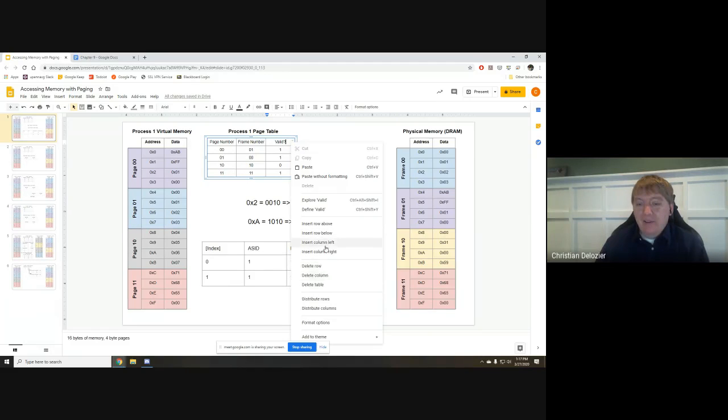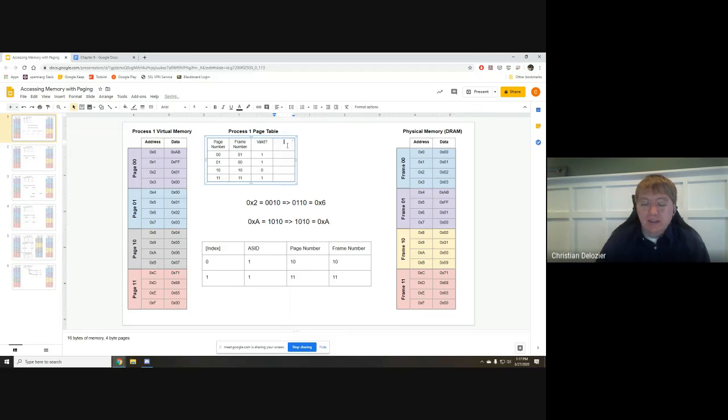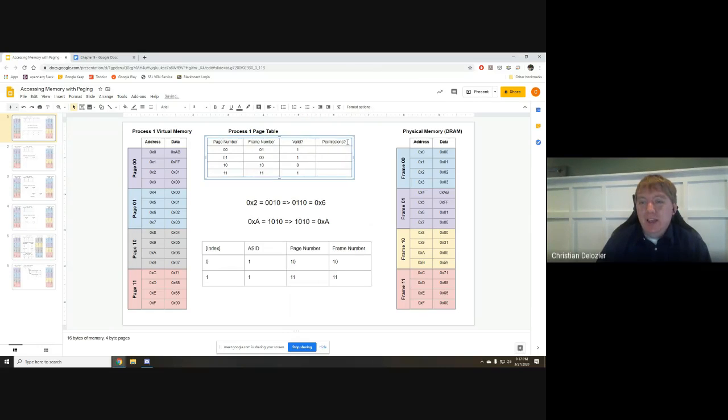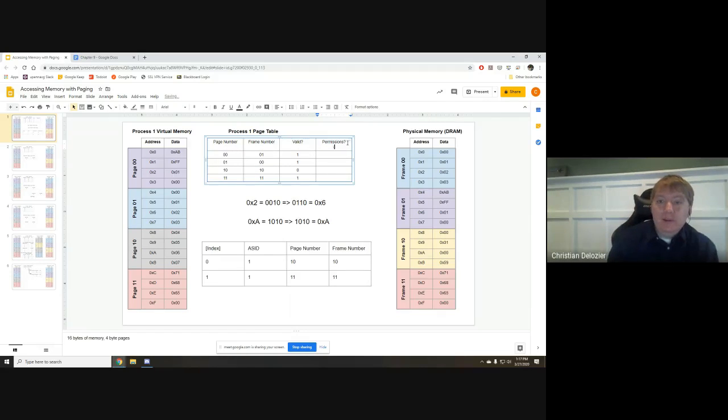It might have permissions, and that might be like 3 bits probably, and those bits are usually going to be permissions for read, write, execute, or execute, write, read, I think is what they actually mean on a Linux system. So if it's 111, that means you can do all of them. If it's 000, that means you can do none of them.